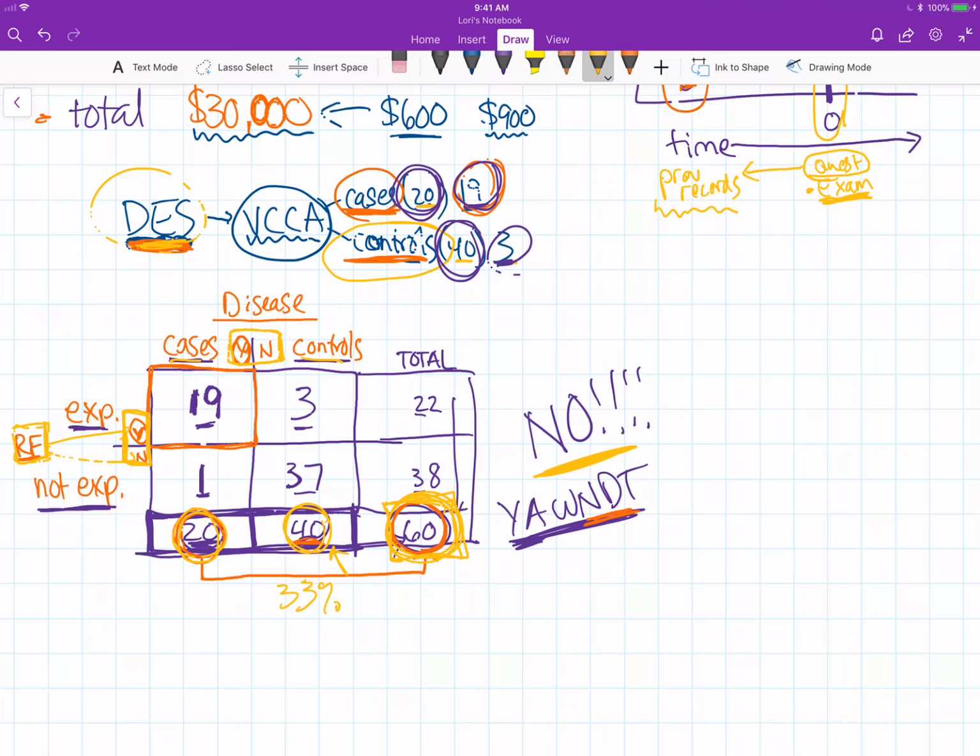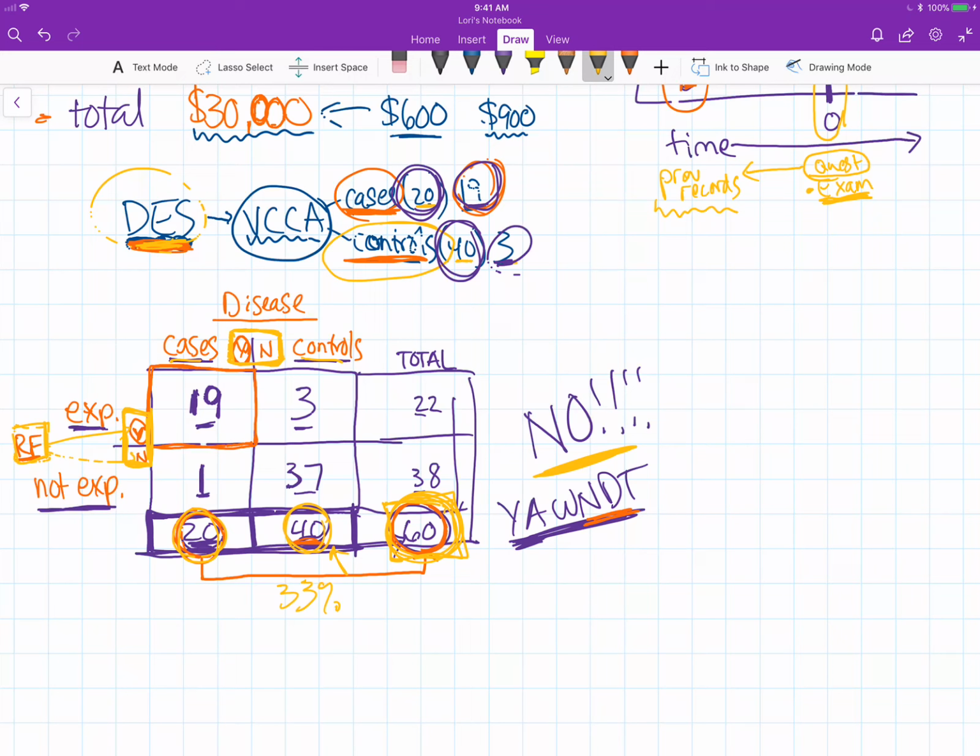And so when we get to the place where we're entering variables into the computer and we ask it to do all kinds of different fancy calculations, sure, I can get the computer to give me numbers, but unless I have used the correct test for the variable type and given the study design that we've done, it's just going to give me garbage. It'll give me an answer, it'll give me a p-value, but it won't mean what I think it means.